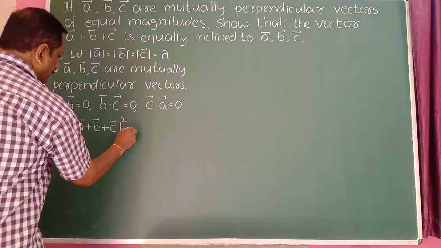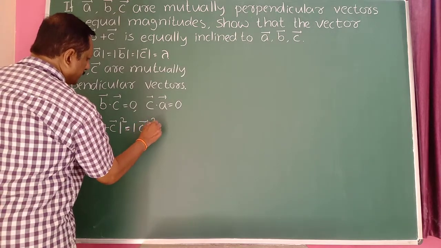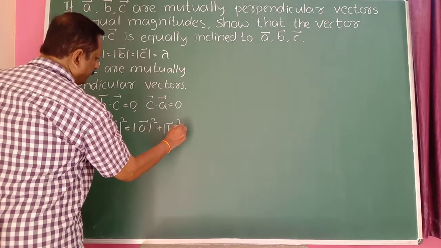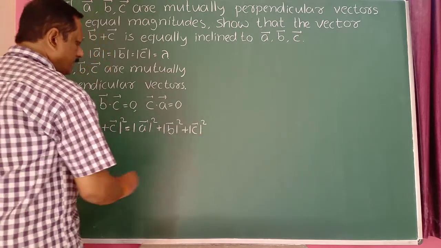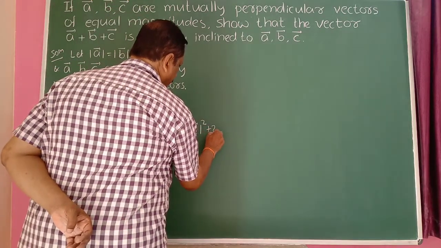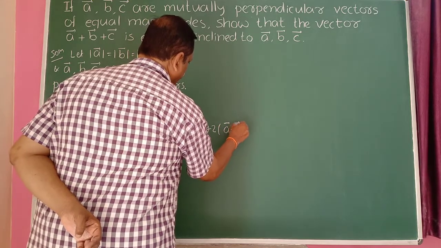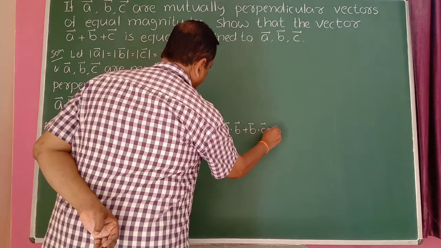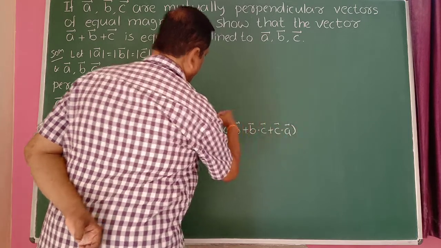You know the standard result here: it is equal to modulus of A bar square plus modulus of B bar square plus modulus of C bar square plus 2 into bracket of A bar dot B bar plus B bar dot C bar plus C bar dot A bar.